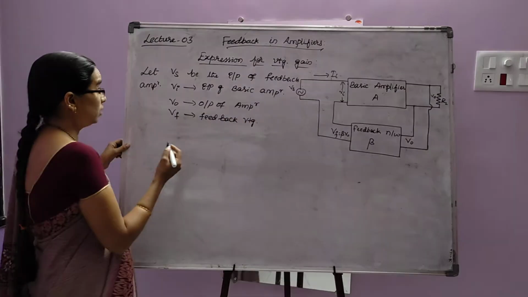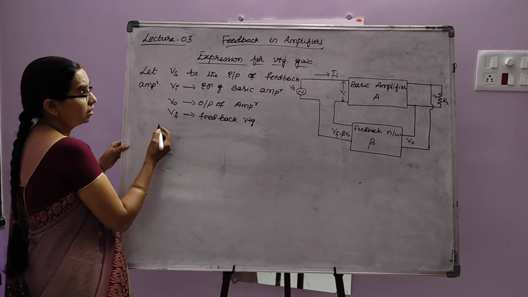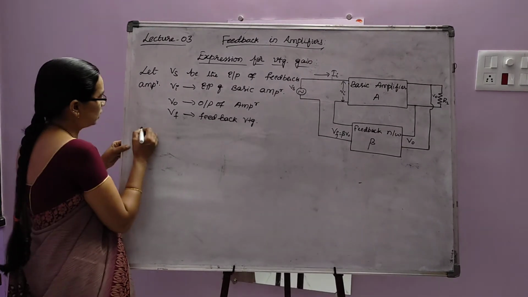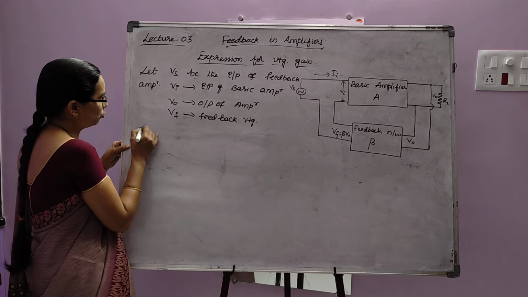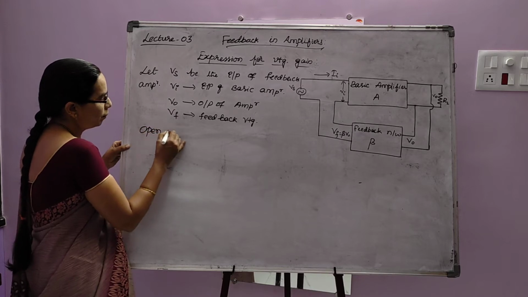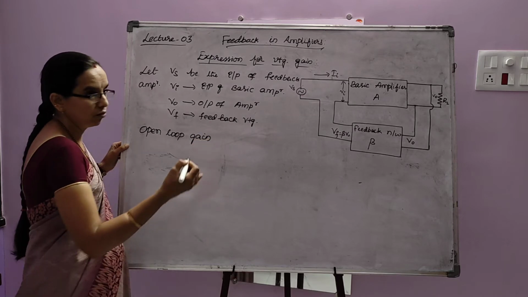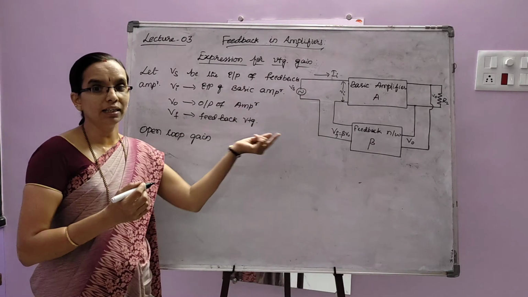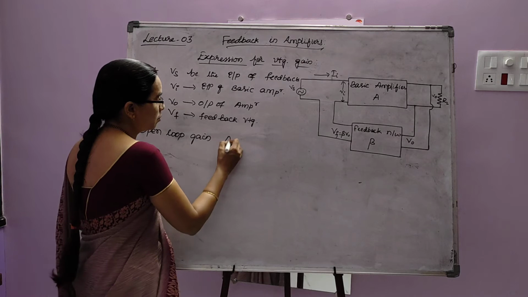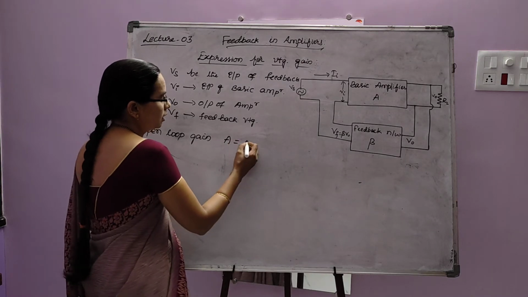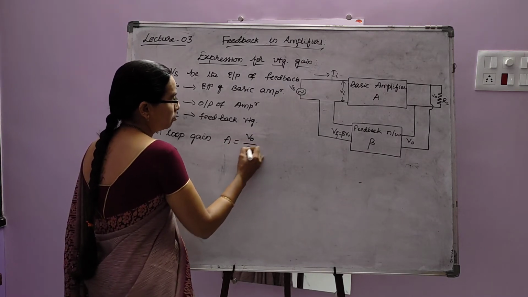Where the voltage gain, that is the open loop gain of the amplifier, that we already know, before connecting the feedback circuit, is represented by capital A, that is equal to V0 by Vi.